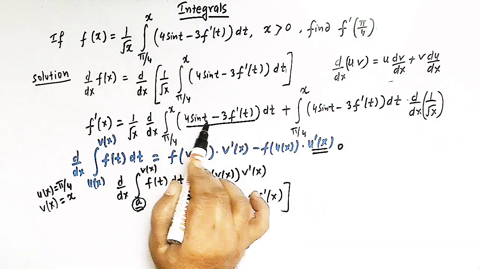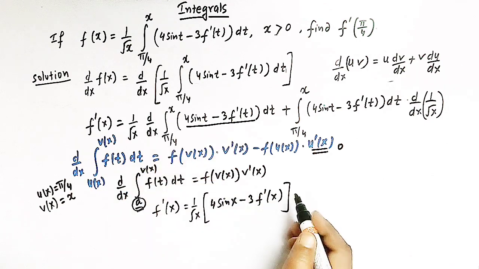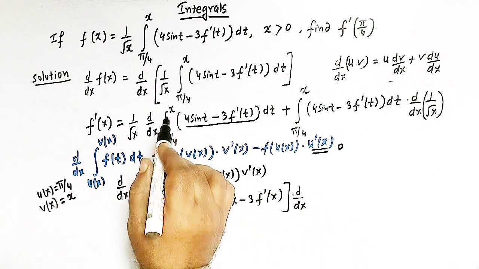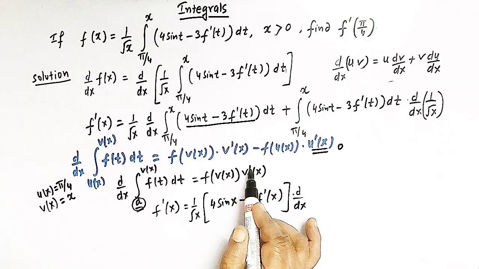First we replace all these t's by x, and then we find the derivative of x, that is v'(x).